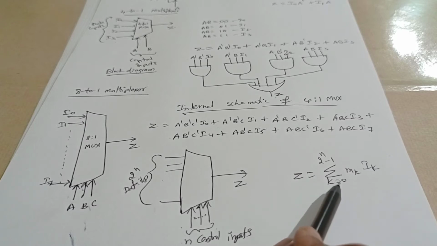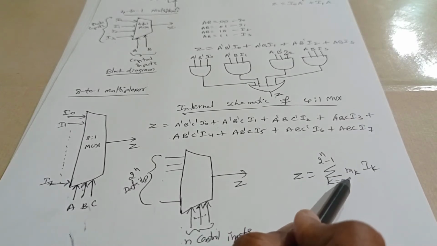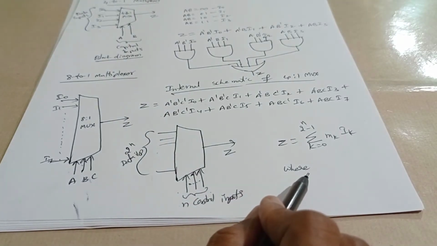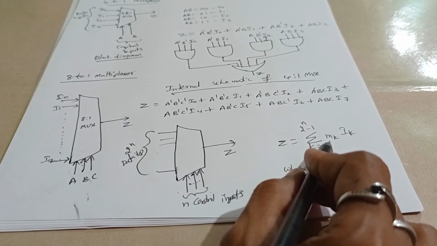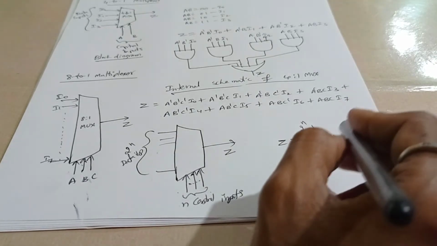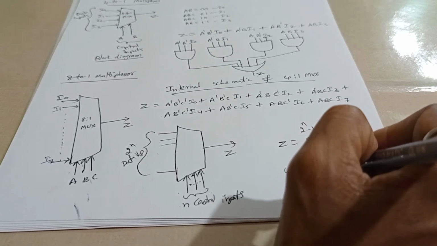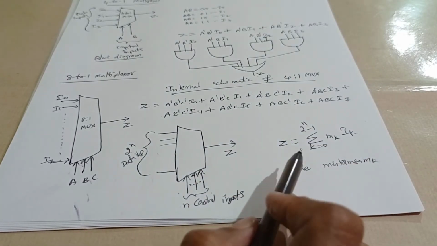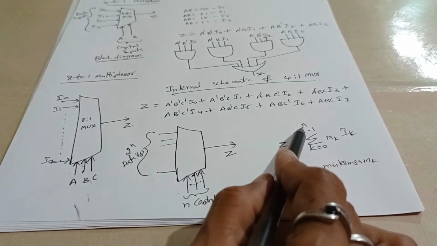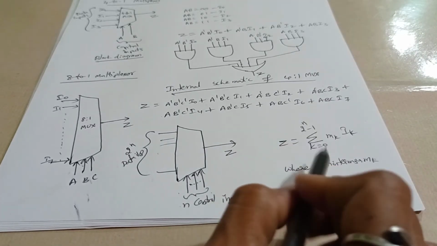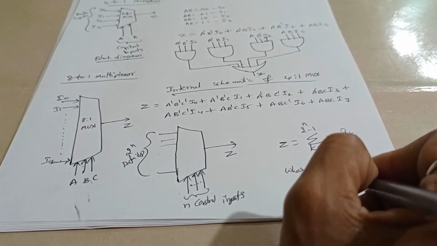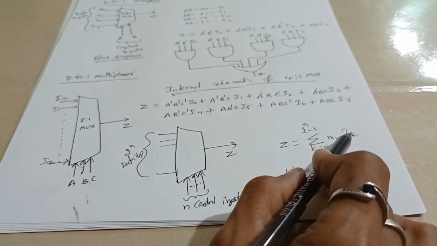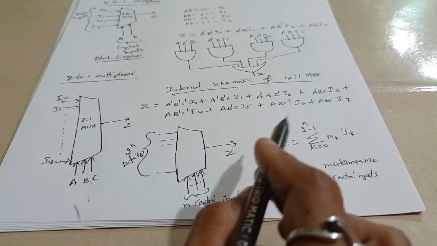Summation of k is equal to 0 to 2 power n minus 1 mk into Ik, where mk means min terms, and n, this is the n control inputs. Ik is the corresponding data input.